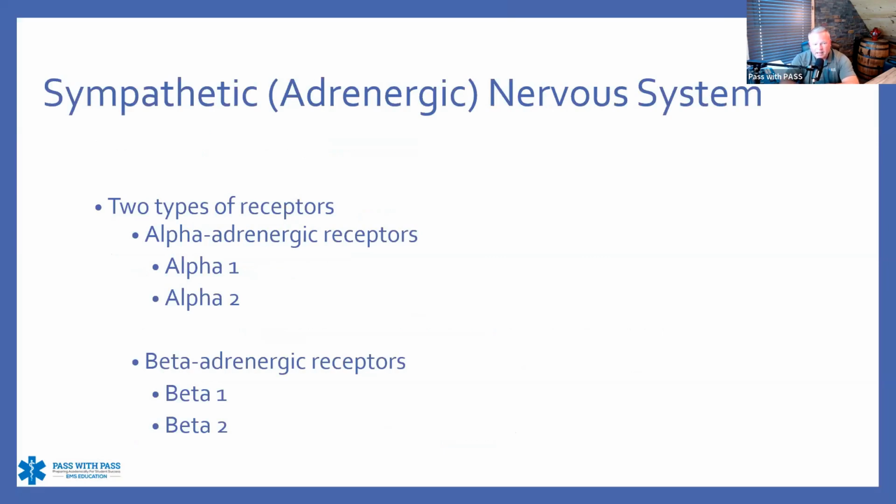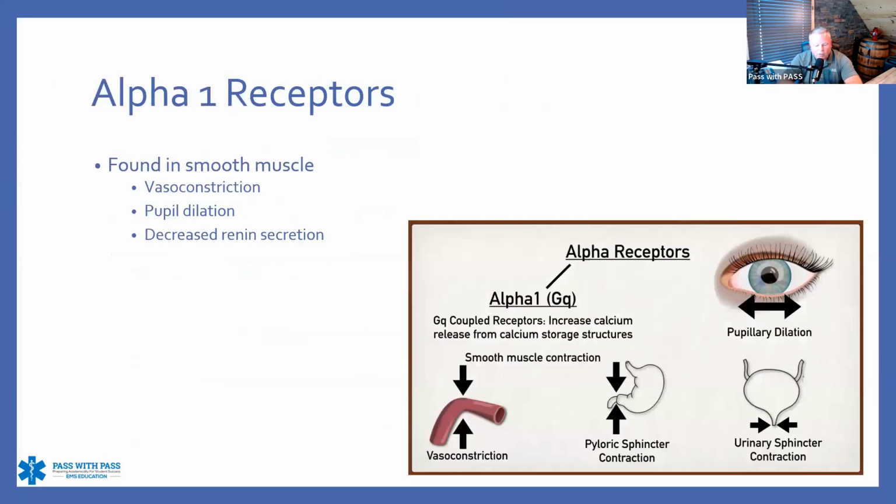So I've already kind of mentioned this as far as your sympathetic or your adrenergic nervous system, the two different types of alpha receptors and the two different types of beta receptors. So I'm not going to rehash that with you. The alpha 1 receptors, as I told you, is vasoconstriction. And with that, you may get a little bit of pupillary dilation. You may get some decreased renin secretion.